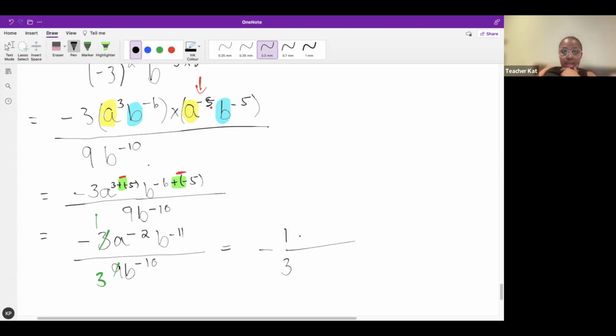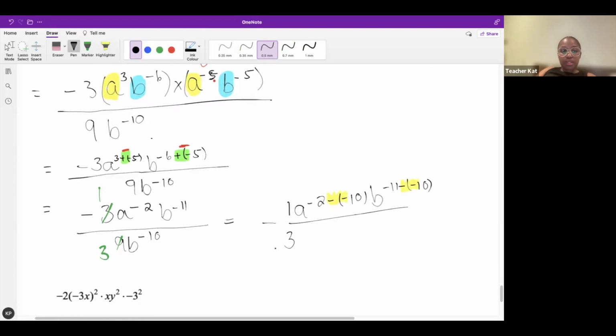Okay. A will be negative 2 minus negative 10. And then I'll have B, negative 11 minus negative 10. Both of the negatives will give me what type of answer? A positive.